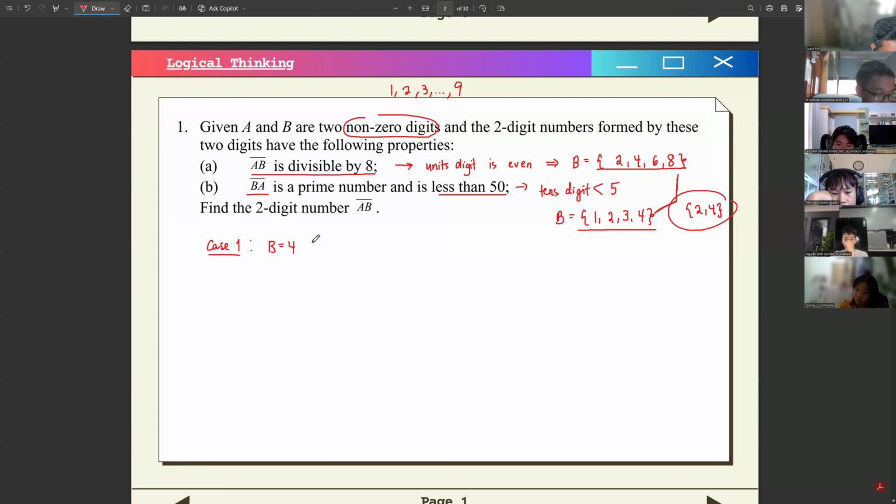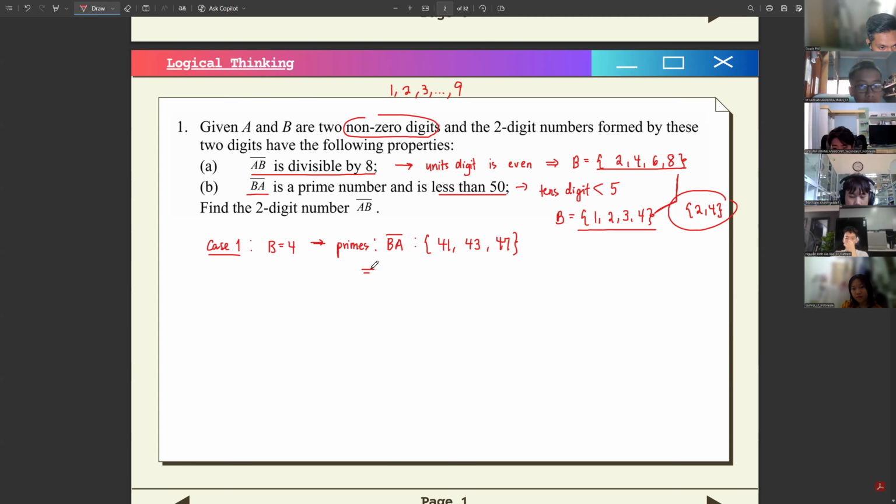So if your B is equal to 4, what are the primes that you can make such that it is BA? What are the possible prime numbers that you can make with tens digit 4? We have 41, 43, and 47. I think those are it. Those are the only prime numbers in the 40s. Nothing else.